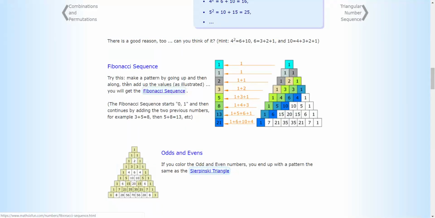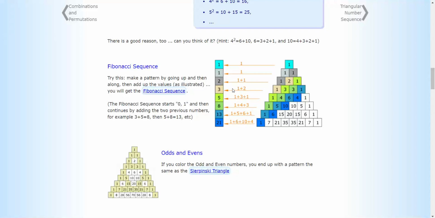Fibonacci sequence. Make a pattern by going up and then along, then add up the values as illustrated. I'm not sure which way is up, but it looks like he's counting. This is 1, and this is 1, and then 1 plus 1.